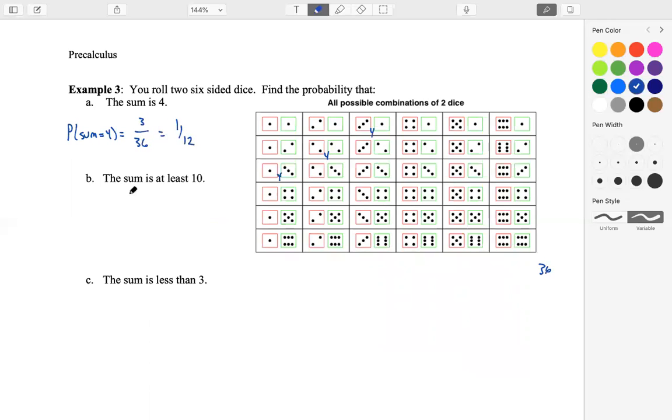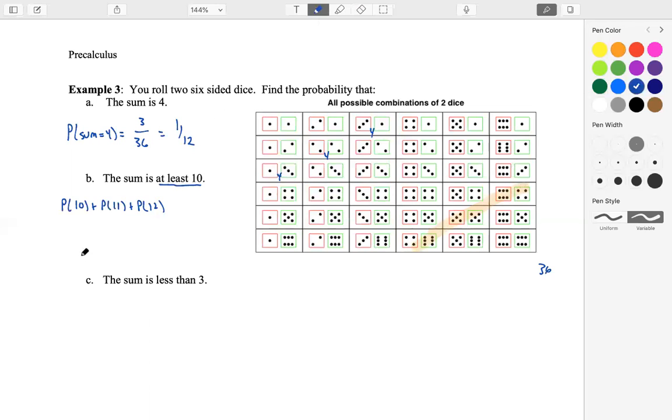All right, probability that the sum is at least 10. Well, that means it could be 10, or the sum could be 11, or the sum could be 12. All right, so looking, 10s. It's looking like my 10s, and I'll use this color for 10, are going to be right here. This one's a 10, this one's a 10, and this one's a 10.